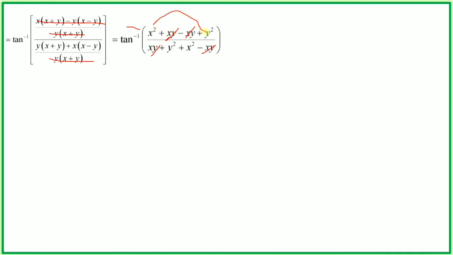So in the numerator x square plus y square, in the denominator also x square plus y square. That means these two are also cancelled.